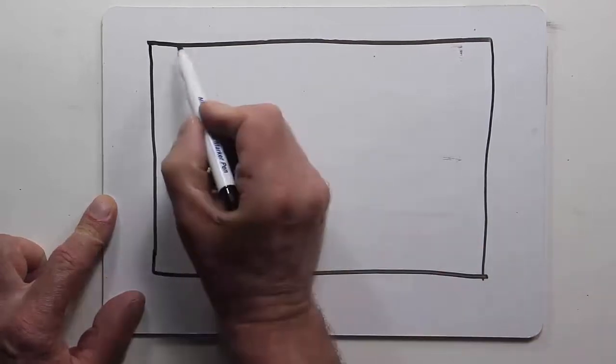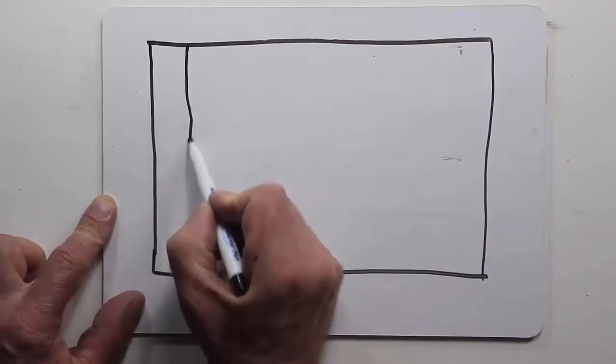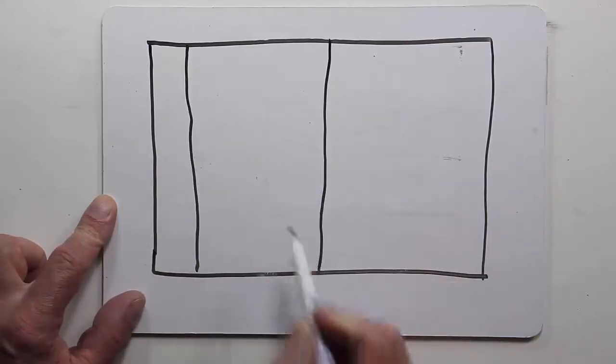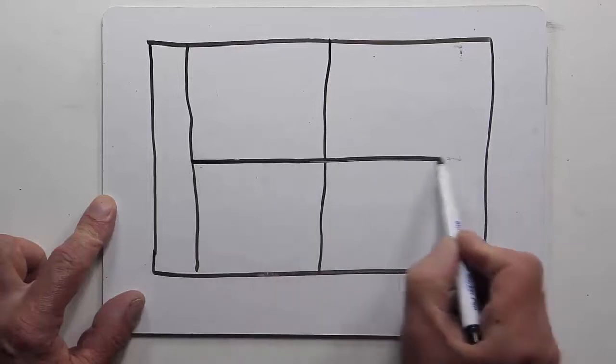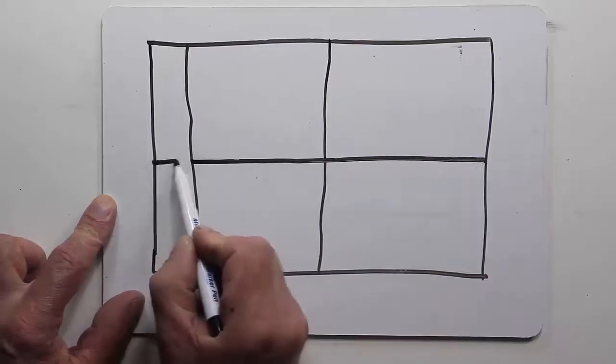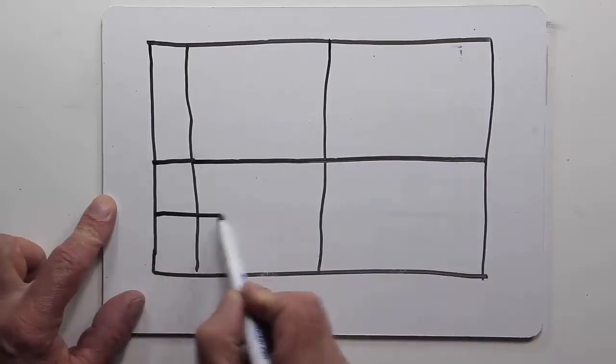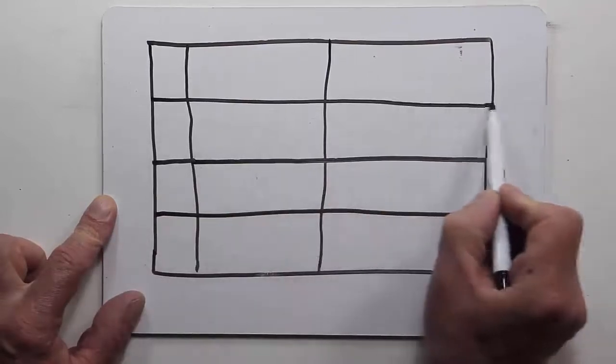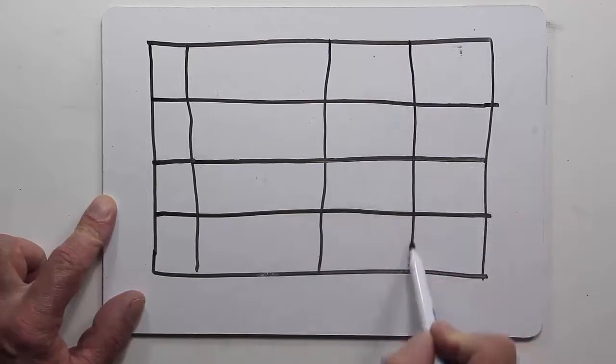You draw a box, you put a smaller box at that side, and then you do another box there. Okay, extend that along, and then same again, you divide them in 2, and then you divide those in 2.